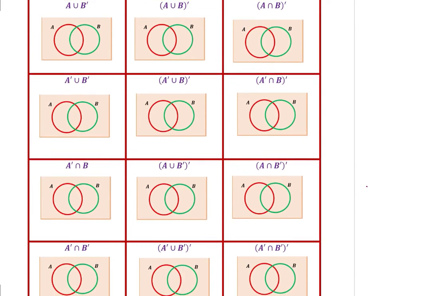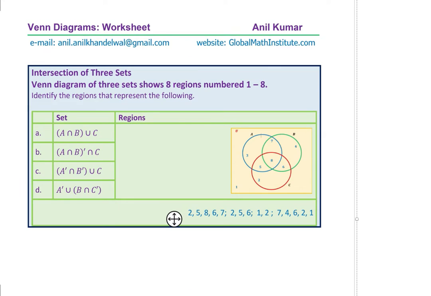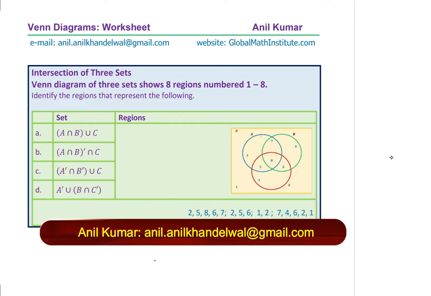As you can see here, another set of 12 questions for you. Once you're done with these sets of 12 questions, then we'll also take up examples where we will have three events. You can practice what happens when we take three events at the same time.